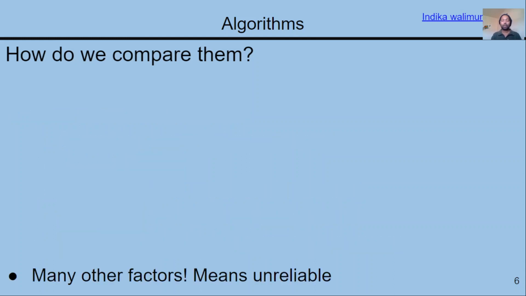Okay? So there are many factors involved in running a program and measuring the running time. That means it's not reliable, because the running time doesn't only depend on the algorithm. There are a bunch of other factors as well, and there's now bias.